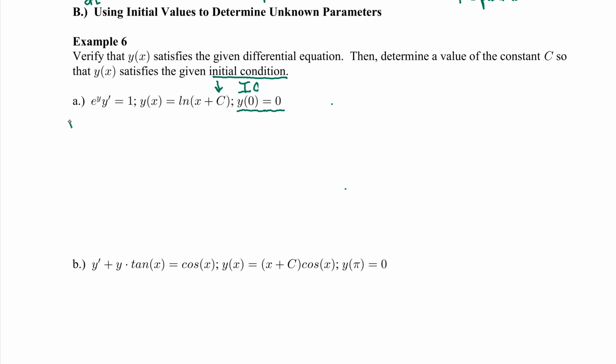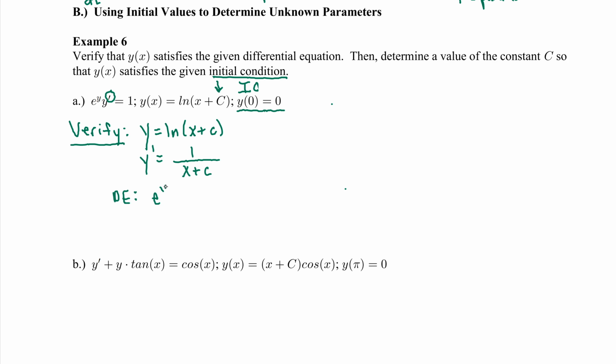So let's begin first practicing verification. We have the solution y equals natural log of x plus c. To show that this balances the differential equation, notice we're going to need a first derivative. The derivative of natural log of x plus c is 1 over x plus c. The given differential equation is e to the y times y prime equals 1.